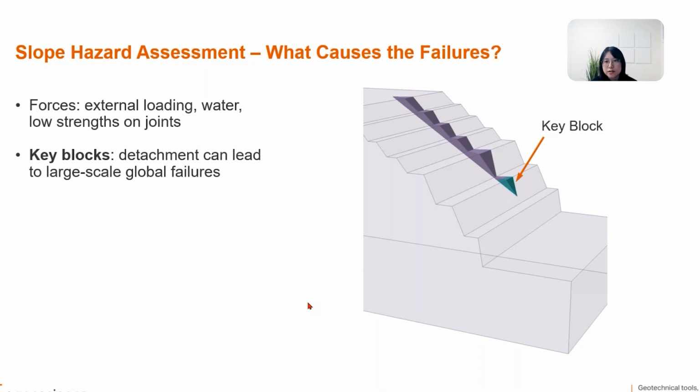The detachment of key blocks can lead to larger scale global failures. As shown here, the green block is a key block because the detachment of this block can lead to the failure of this purple block behind the green block. So with the failure of the key block, we can get failure of a much larger section of the slope.